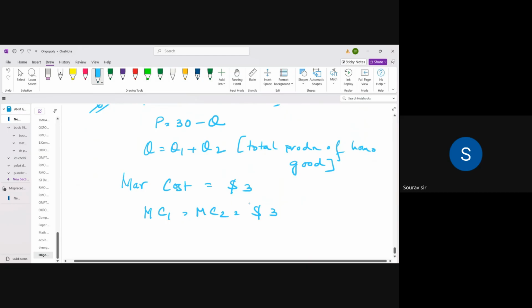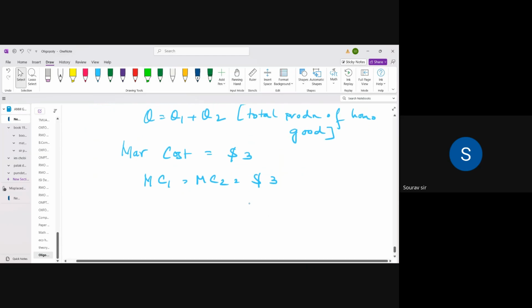Now we can show that the Cournot equilibrium for this duopoly, which results when both firms choose simultaneously, has Q1 equal to Q2 equal to 9. You can also check this. In the Cournot equilibrium the market price is 12, so each firm makes a profit of 81 when the market price is 12.